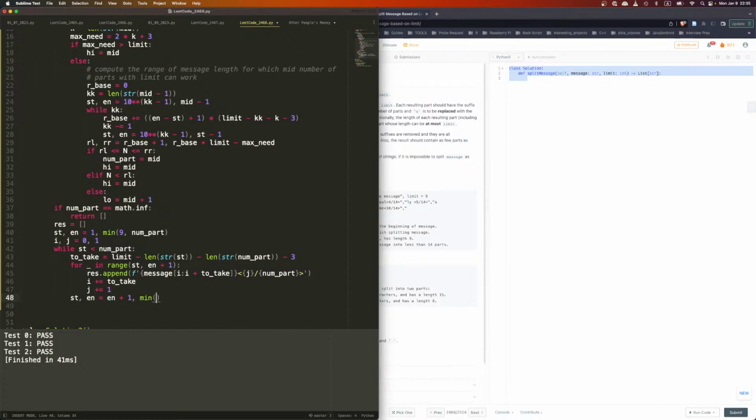Minimum of something of num parts, right? And this shall be 10 to the some power len str start.